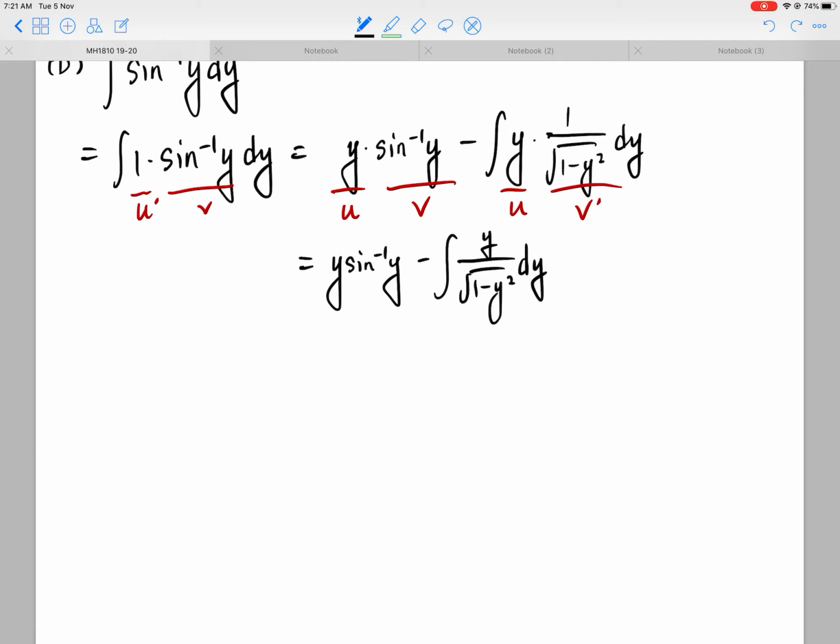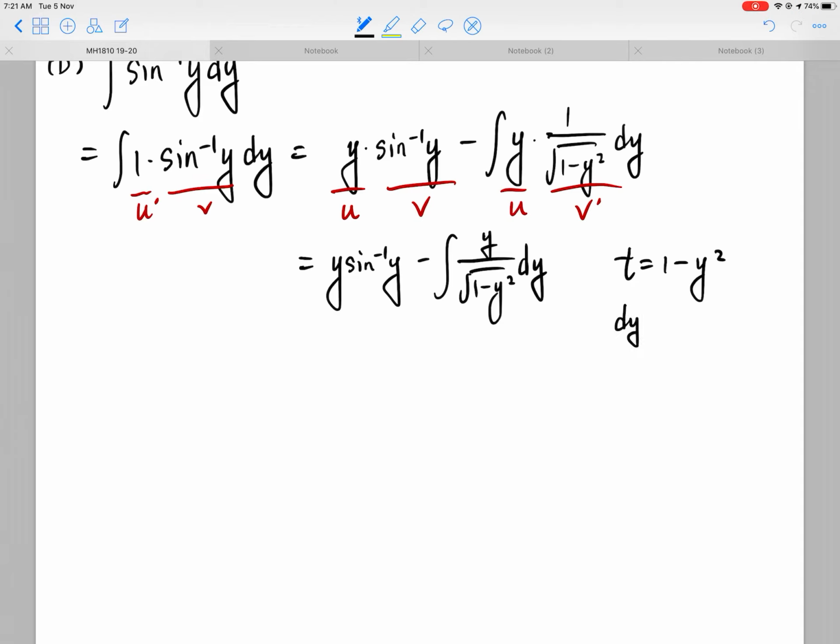You can use substitution method, right? Because notice this part is a derivative of this part. So let's give it another name. Let's call it t, right? t is just 1 minus y squared.